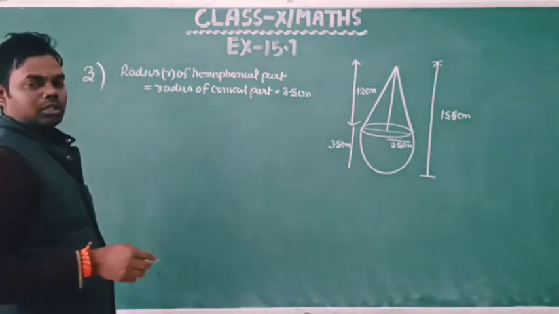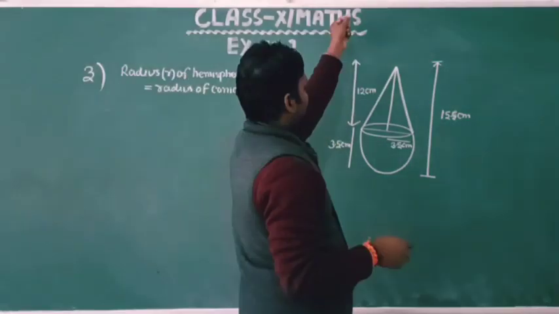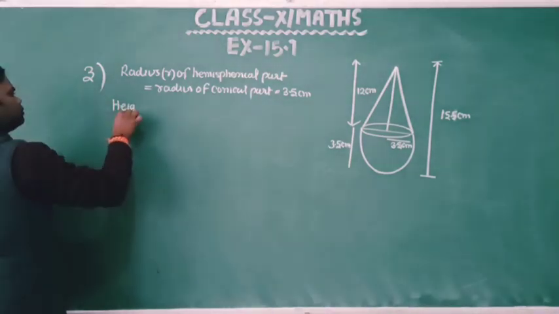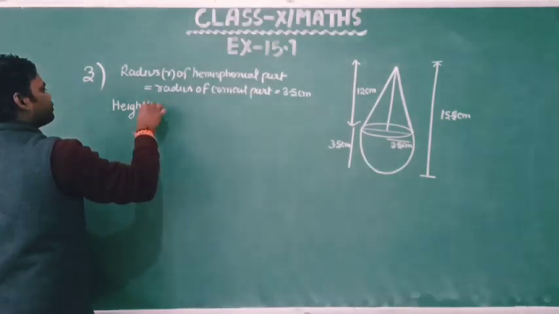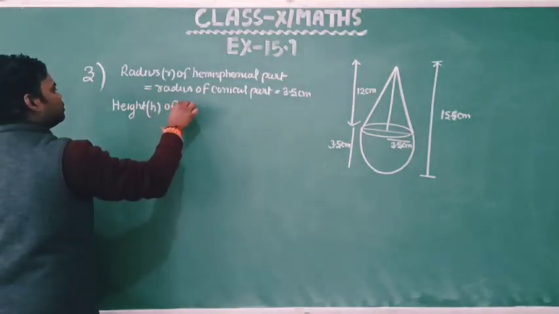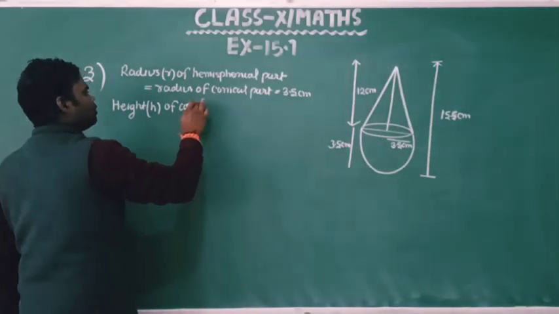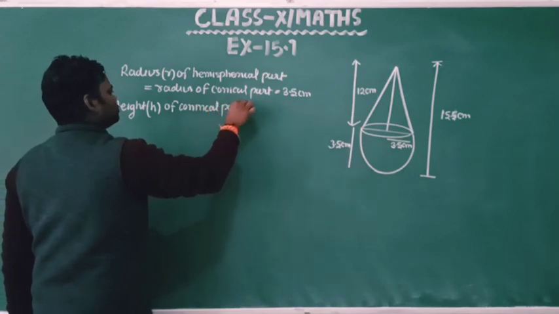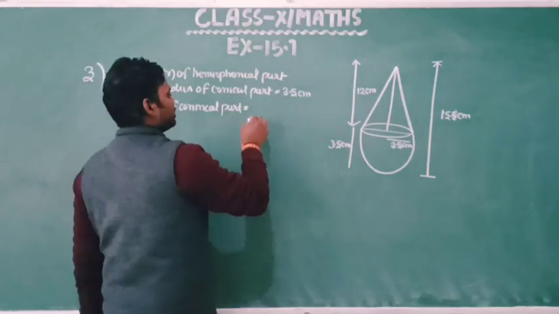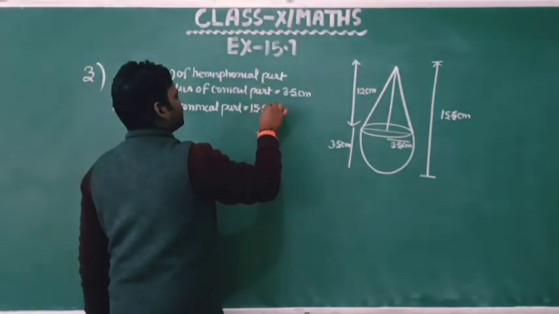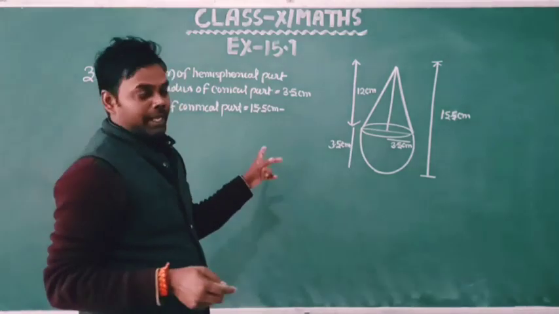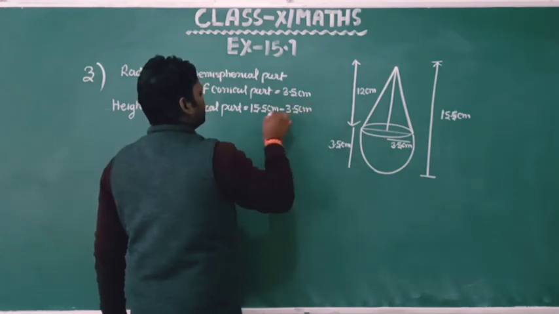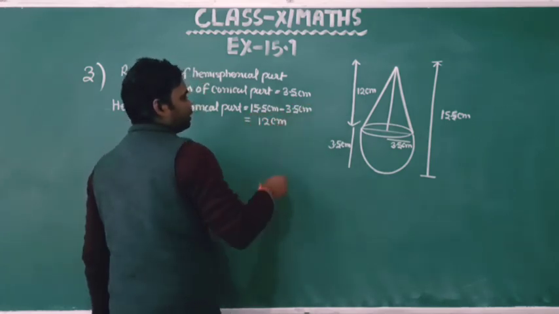Then height h of the conical part is equal to 15.5 centimeter minus 3.5 centimeter, which is equal to 12 centimeter.